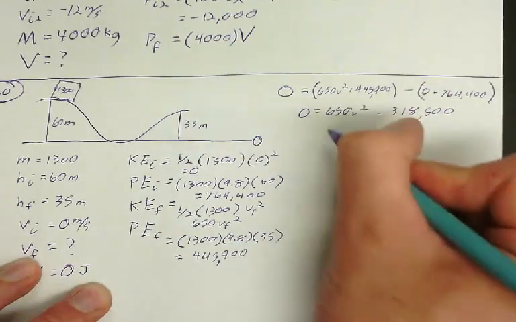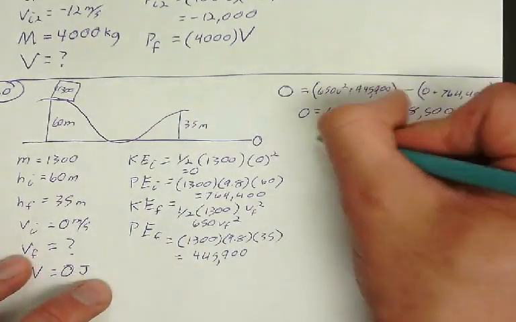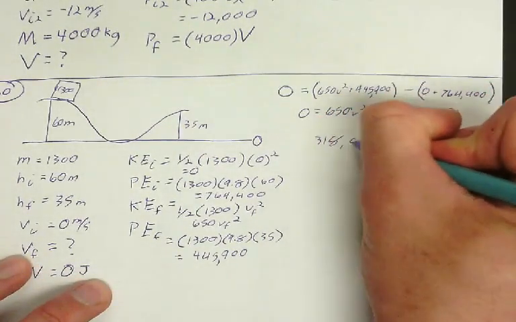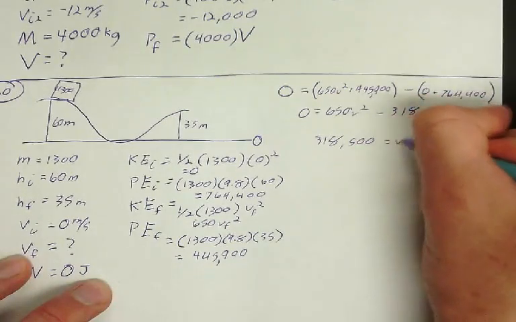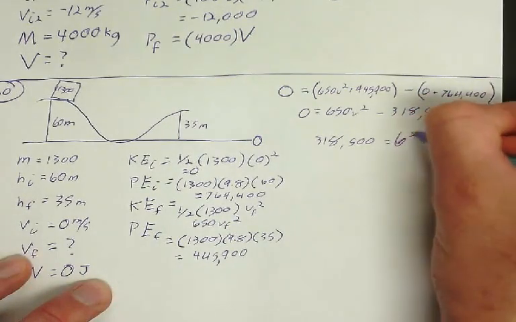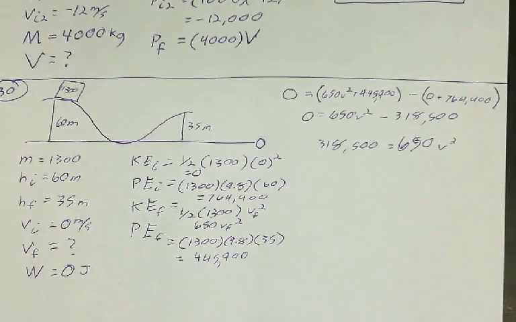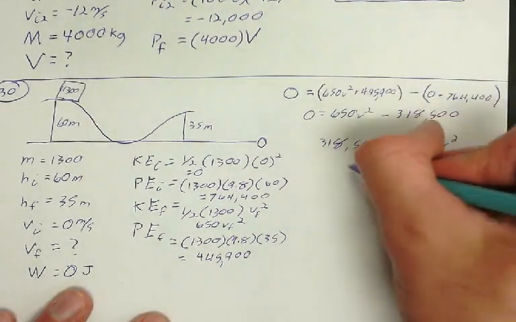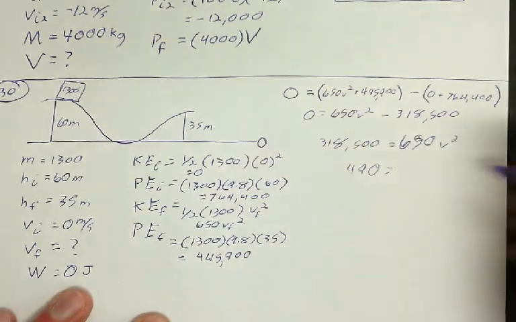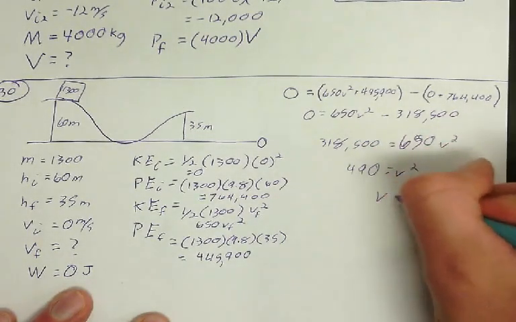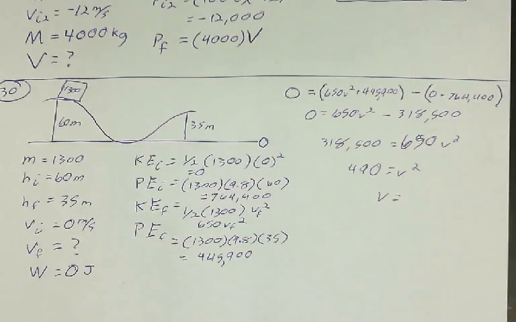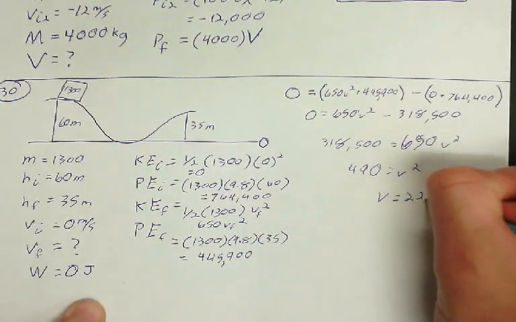I'm going to add the 318,500 to the other side. Sorry, 650 V squared. And then I'm going to divide the 650 over. That gives me 490. All I got to do is square root that number. And I get 22.1.